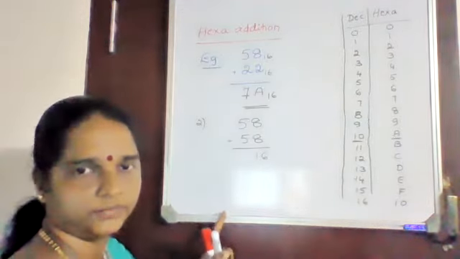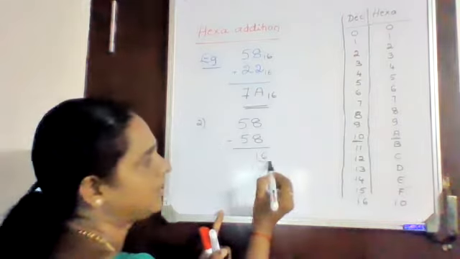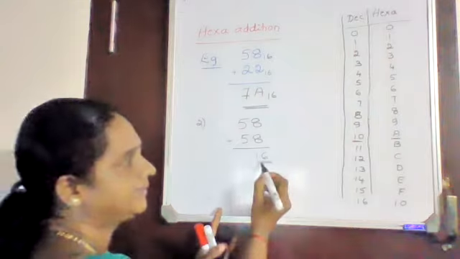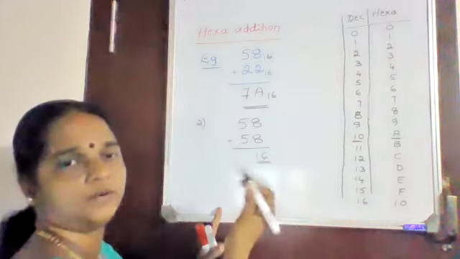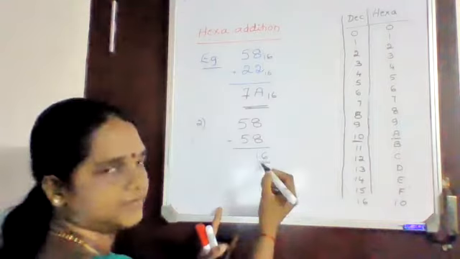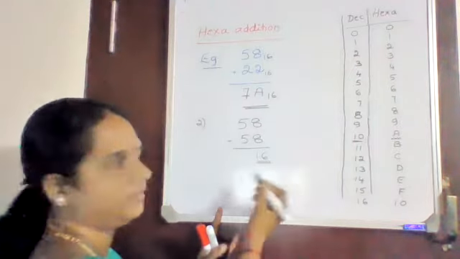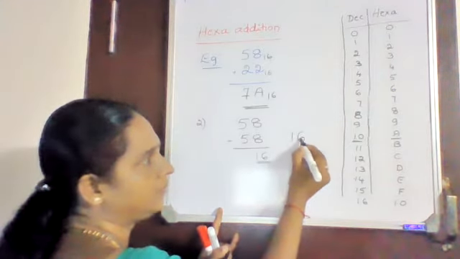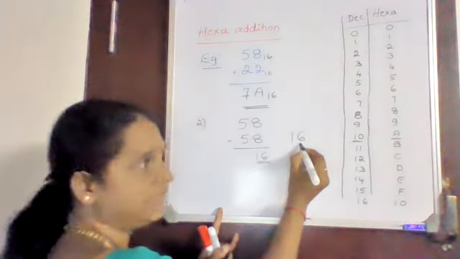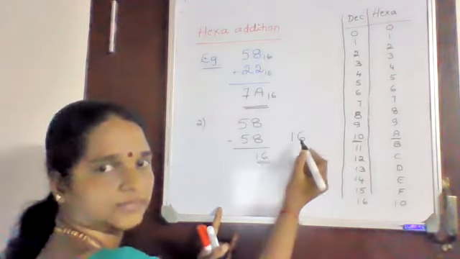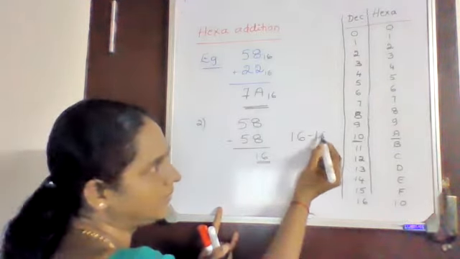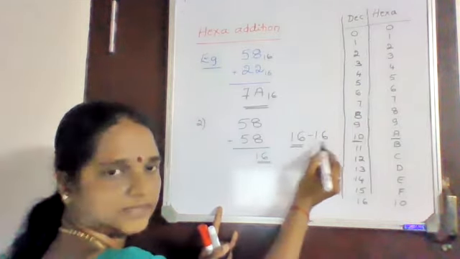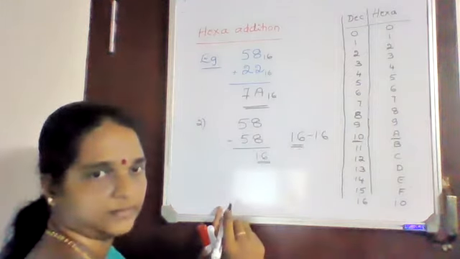So what you have to do is, if the sum value is 16 or more than 16, then subtract 16 from the sum value. Now our sum value is 16, and I am subtracting 16 from this sum.